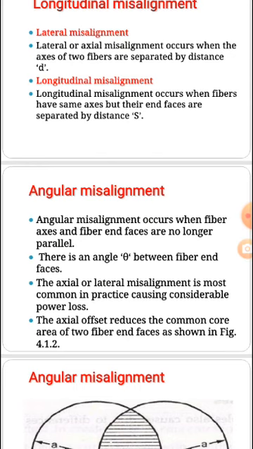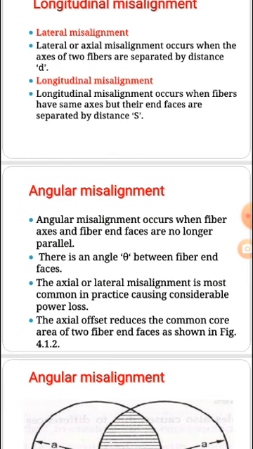The axial or lateral misalignment is most common in practice, causing considerable power loss. Compared to longitudinal misalignment and axial misalignment, the loss due to angular misalignment is maximum, it is more pronounced. This must be reduced. This happens because of improper splice connection or improper connectivity, etc.